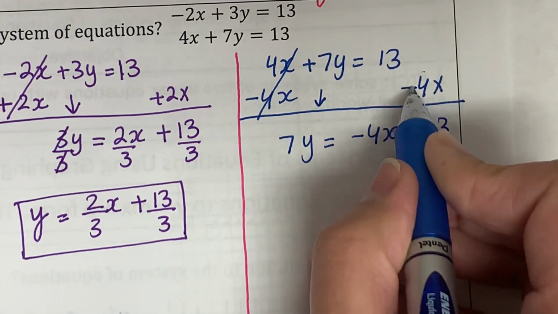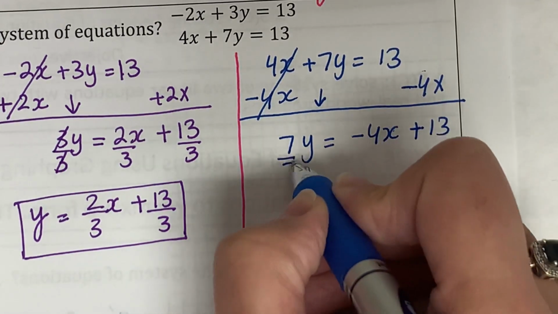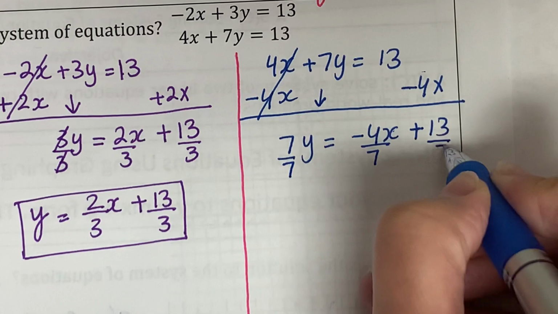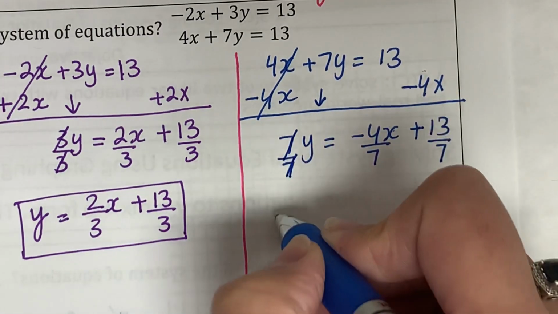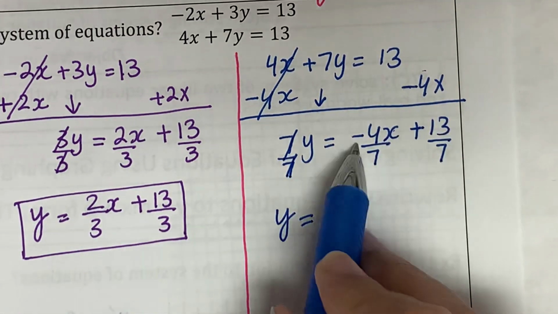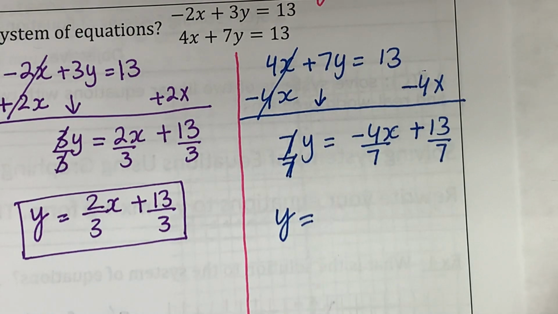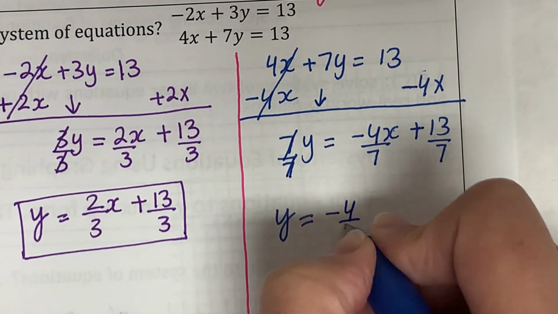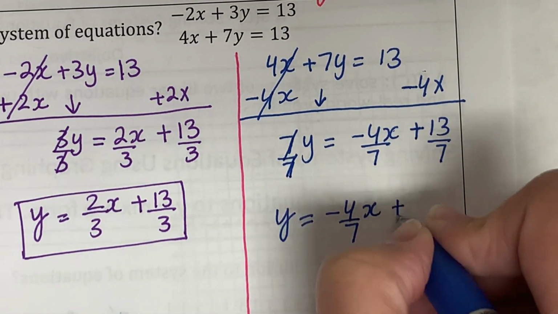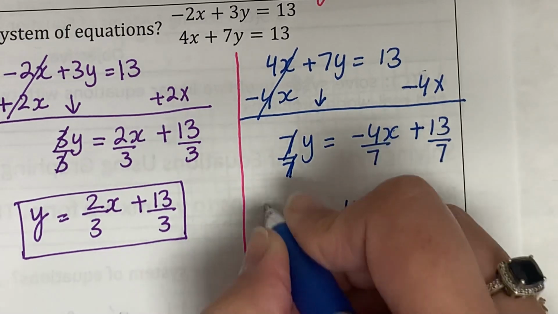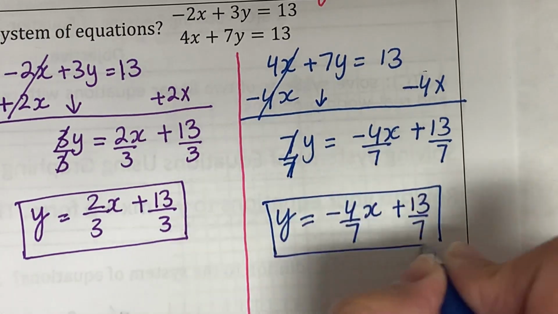Don't forget to put that minus. Next step, divide by 7 on all of it. Divide by 7 is going to give you an ugly number, so just leave it like that as a fraction. And you can type that fraction in the calculator. This way you will have the answer.